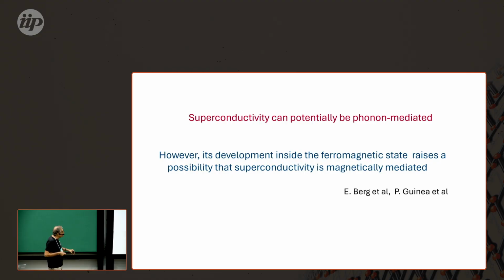They did a lot of work on both the ordered state and superconductivity close to the ordering: that superconductivity may be of electronic origin. There is no exact proof of this, but let me take it as a working hypothesis, and I will be talking about the possibility of an electronic mechanism of superconductivity.